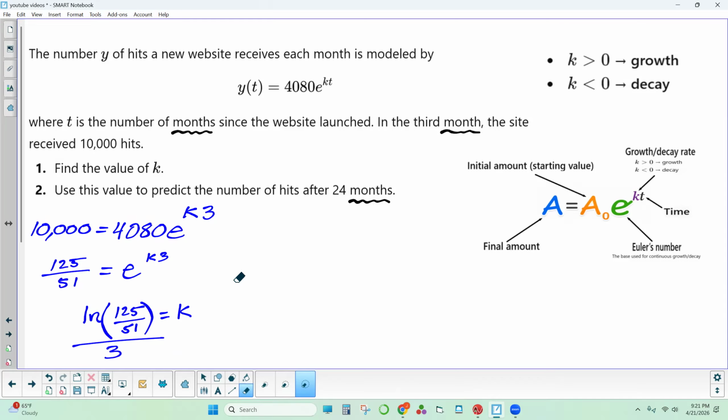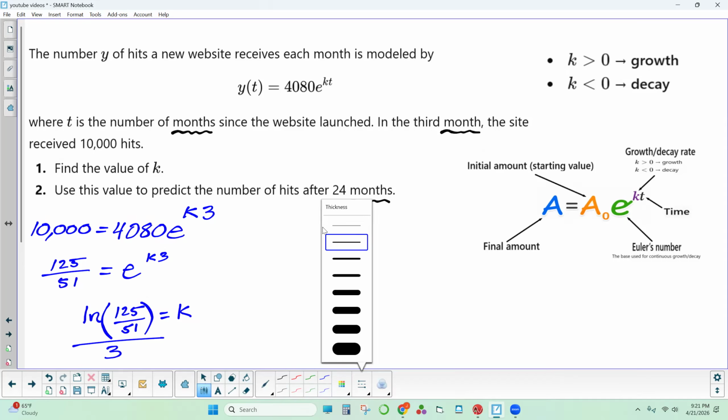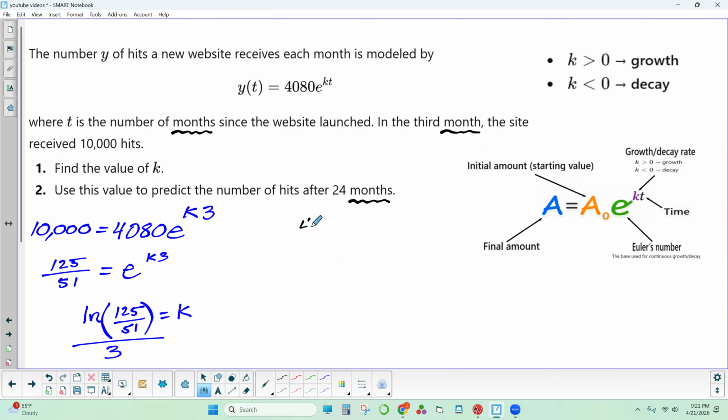Now that we have our rate, it says use the value to predict the number of hits after 24 months. So we're going to go back to our model, 4080 times e. And of course, we're going to plug in all of this for our rate, and 24 is the number of months.